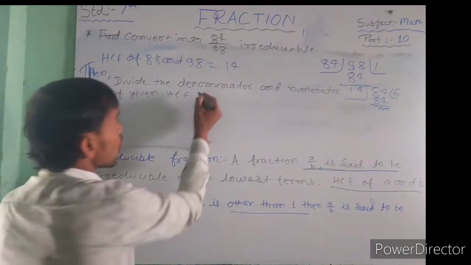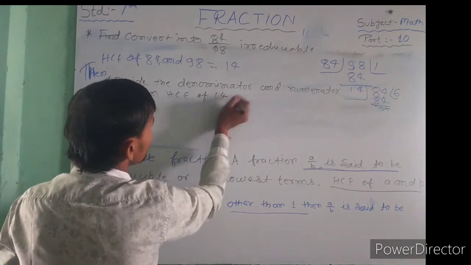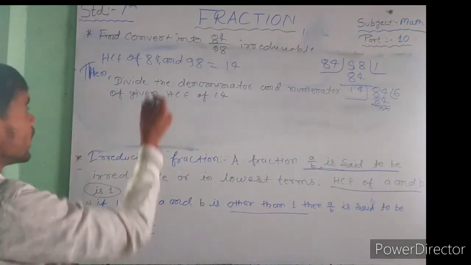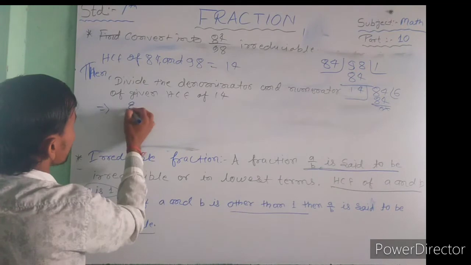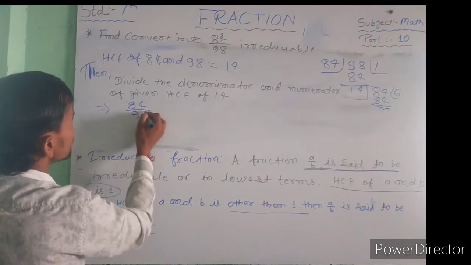Given HCF of what? 14. Is that clear? It means that's your question, 84 by 98.